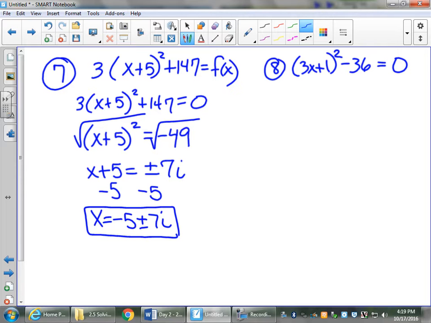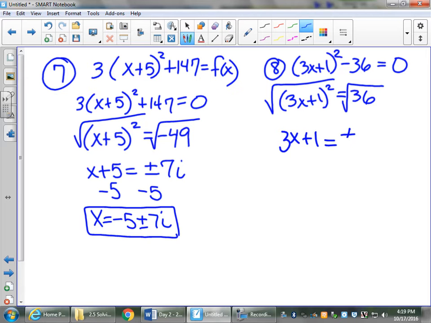So 2 imaginary zeros. And then the last one, solving by square roots when it's similar to our vertex form setup, we're going to add over the 36, square root both sides to get 3x plus 1 equals plus or minus 6.